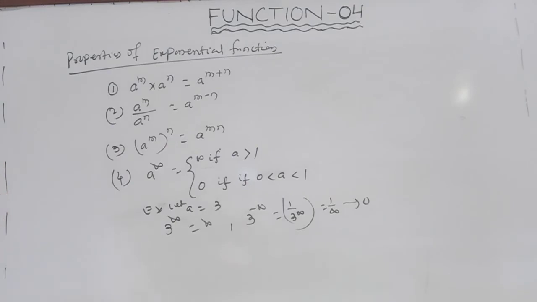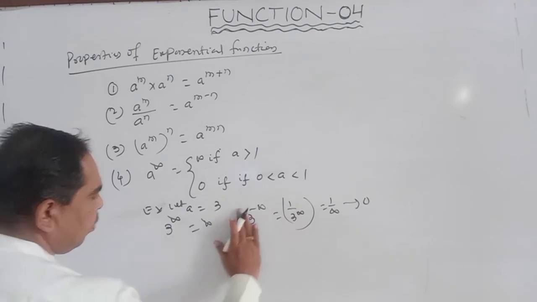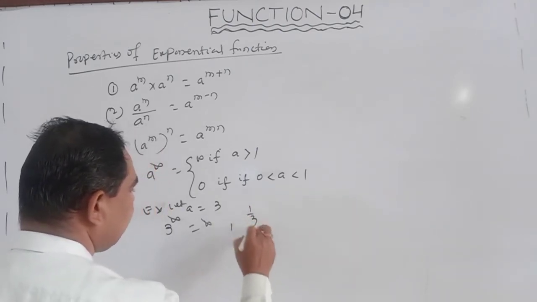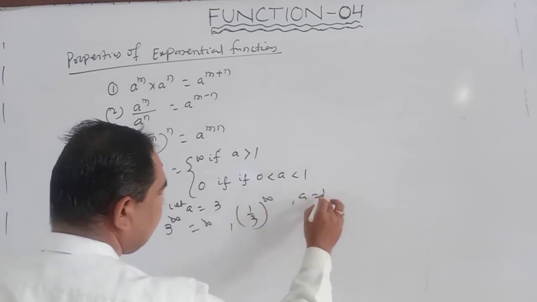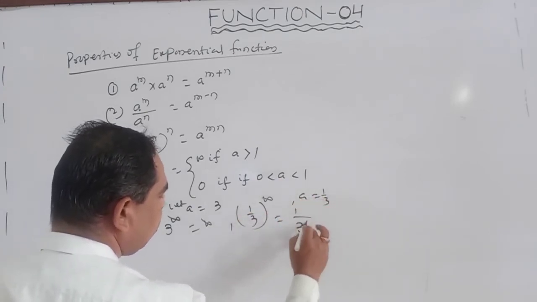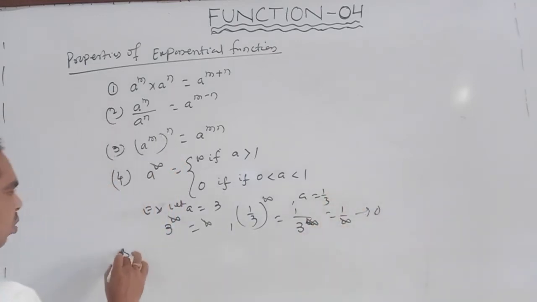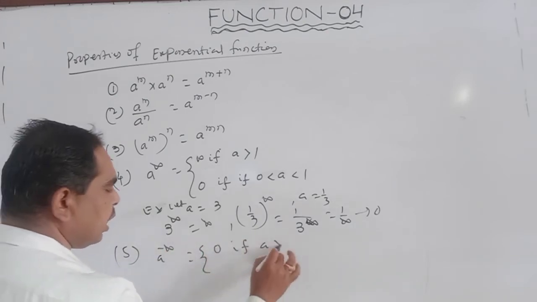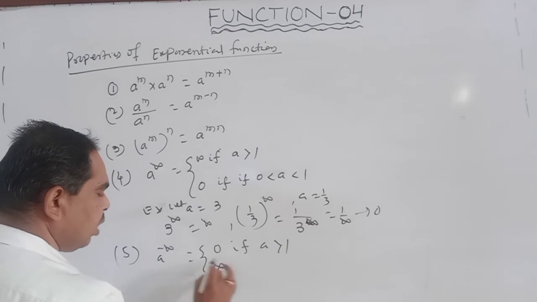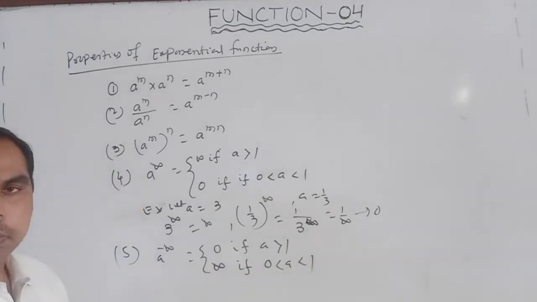Here if a is equal to 1 by 3, then (1/3) to infinity is equal to 0. So a to the minus infinity is equal to 0 if a greater than 1 and infinity if 0 less than a less than 1. So these are the properties of exponential function.